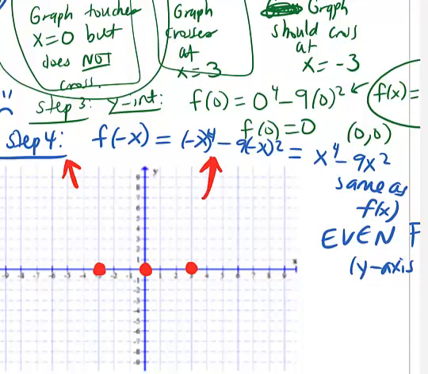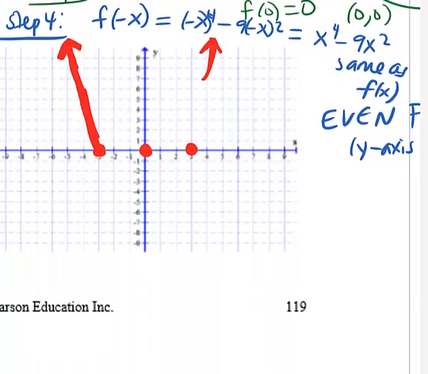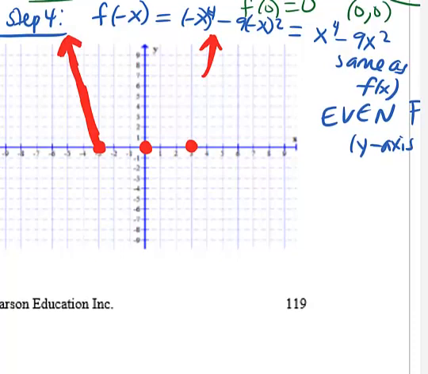But kind of like we did last time, what I would do is go from left to right. The very leftmost thing that happens is this end behavior that's going up and to the left. Then after that, it has to hit this x-intercept, x equals negative 3. And once it does that, I think about multiplicity. The multiplicity of x equals negative 3 was an odd number, which we said means it crosses.